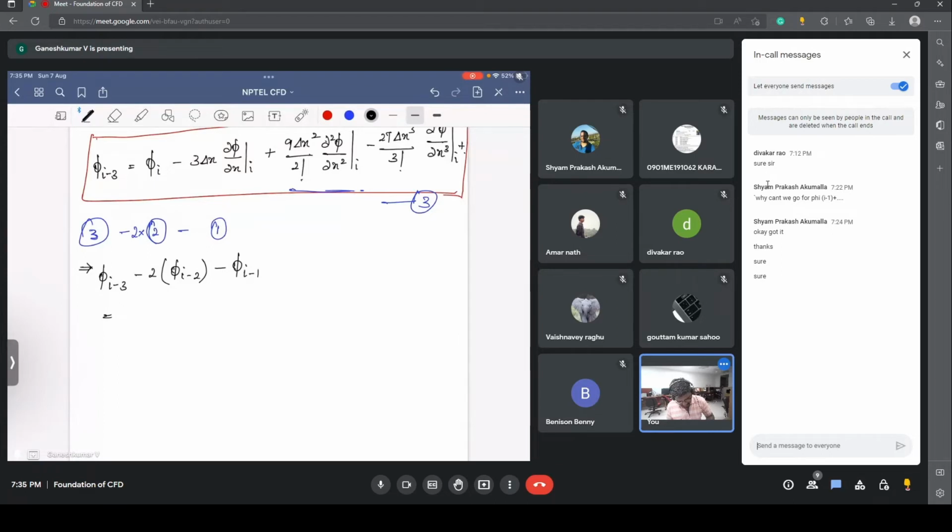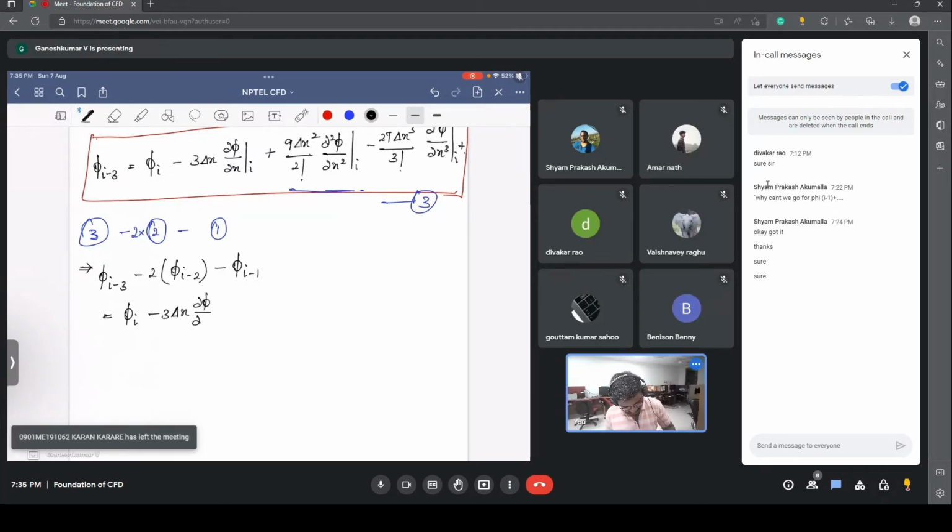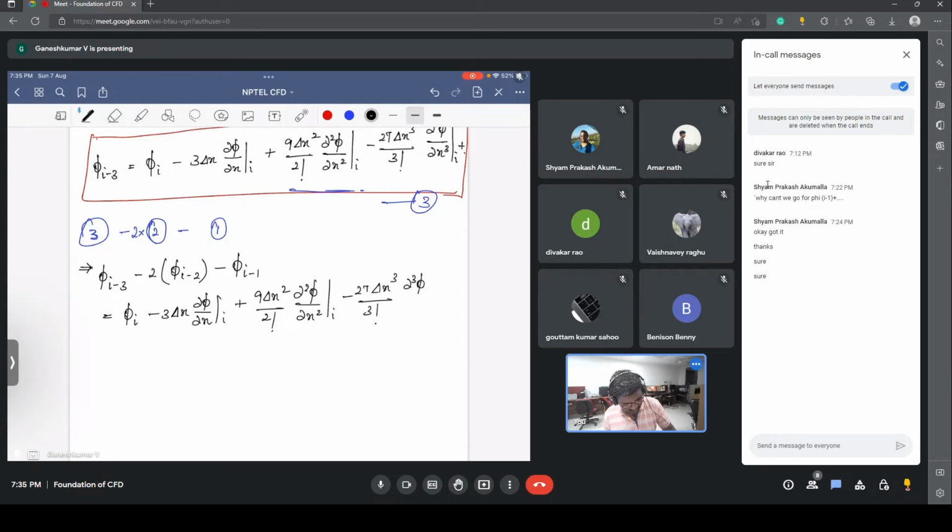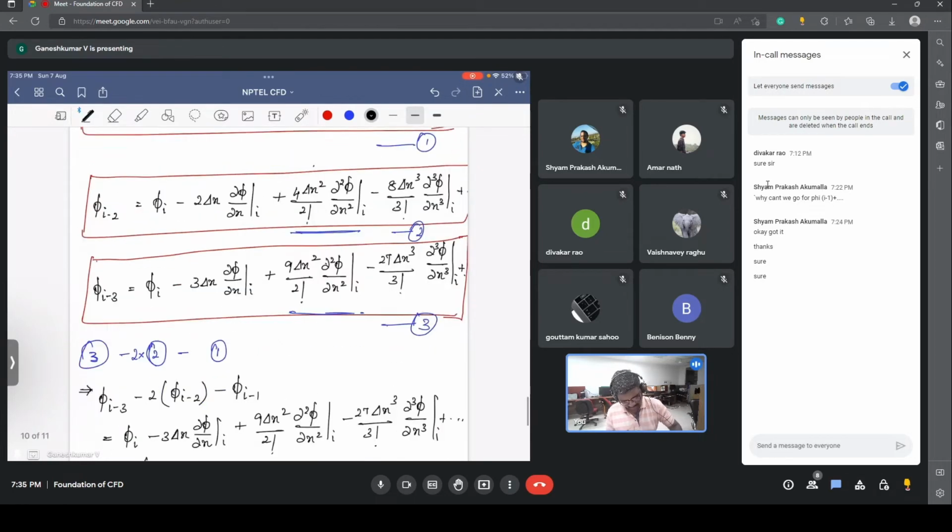For the third equation, it would be phi i minus 3 delta x dou phi by dou x at i plus 9 delta x square by 2 factorial dou square phi by dou x square at i minus 27 delta x cube by 3 factorial dou cube phi by dou x cube evaluated at i plus dot dot dot, and then minus 2 times the whole RHS of the second equation.